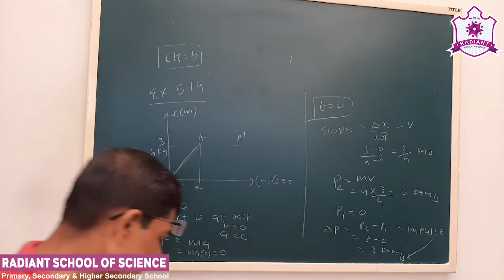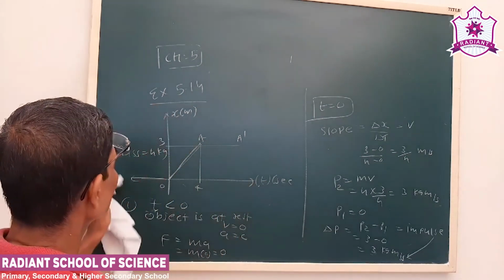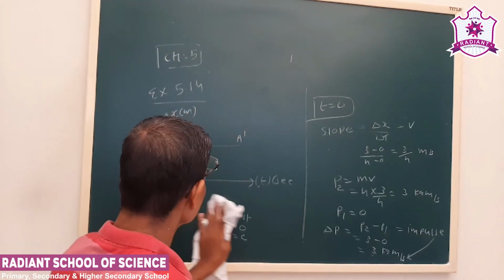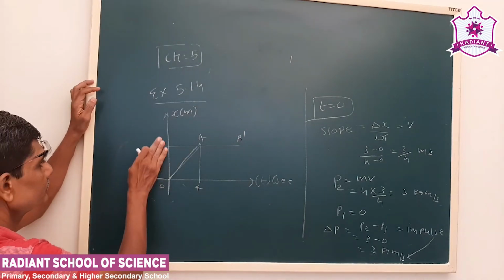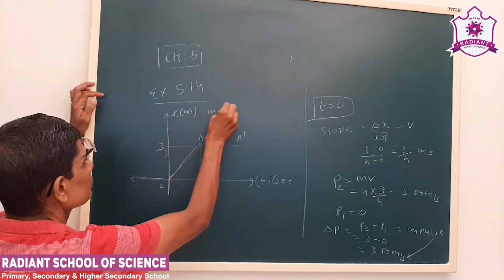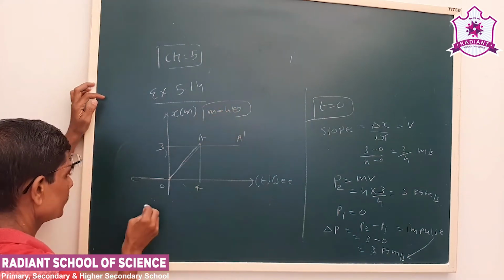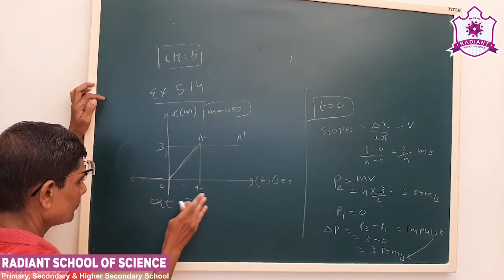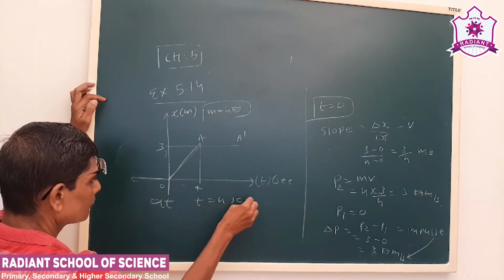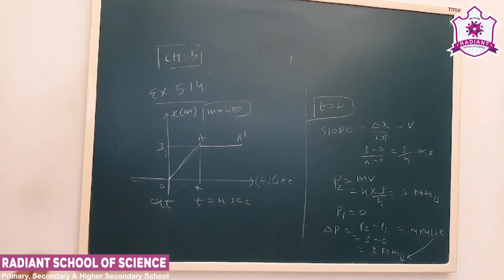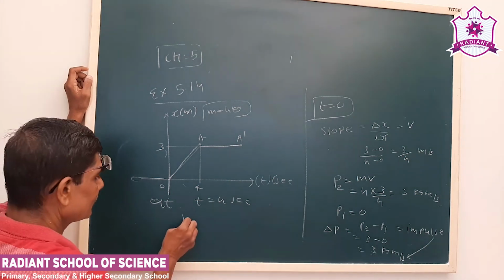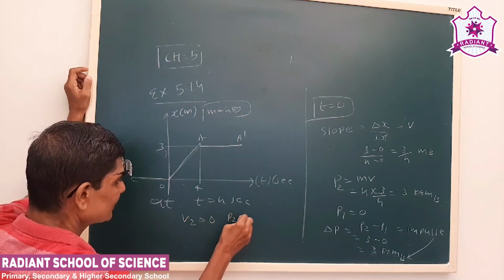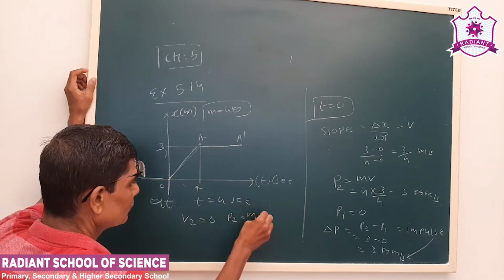Now what is the possibility at t equal to 4 seconds? Now the third case. After t equal to 0, at 4 seconds it will come to rest. So v2 is 0, p2 is m into v2.